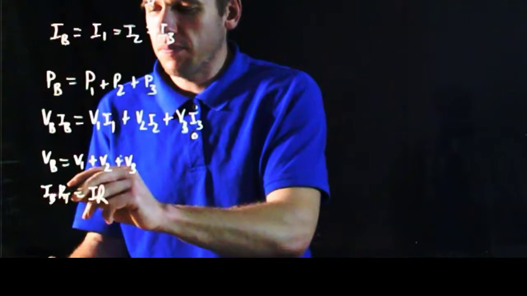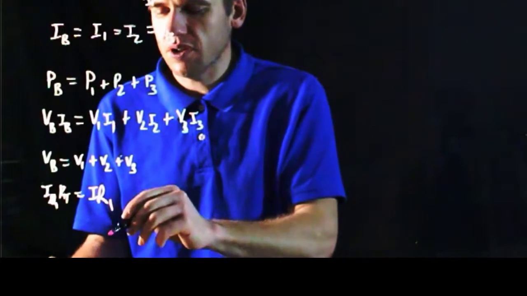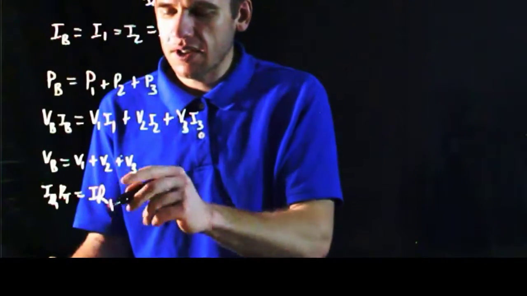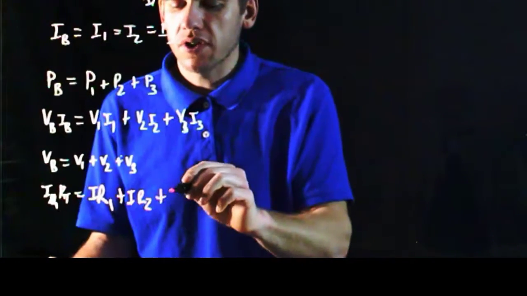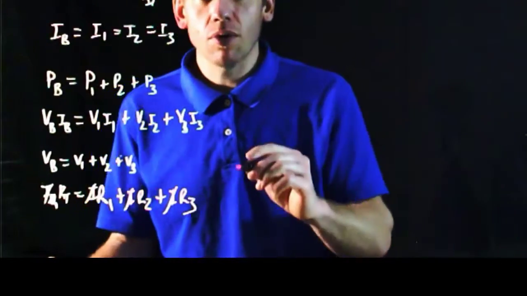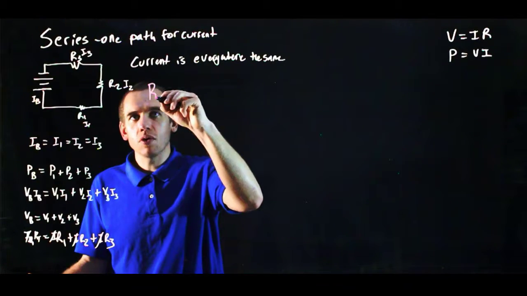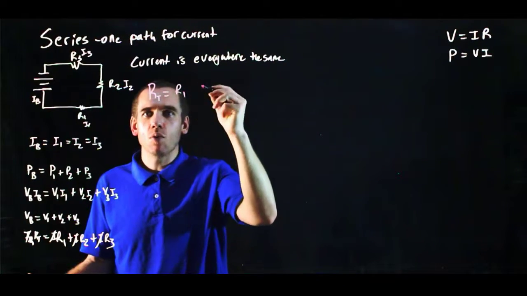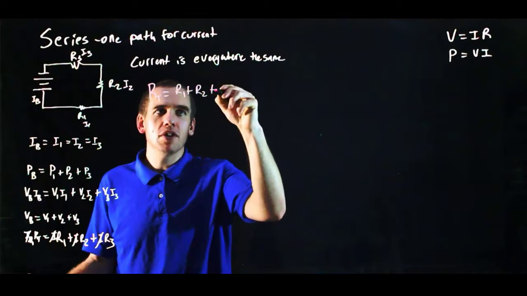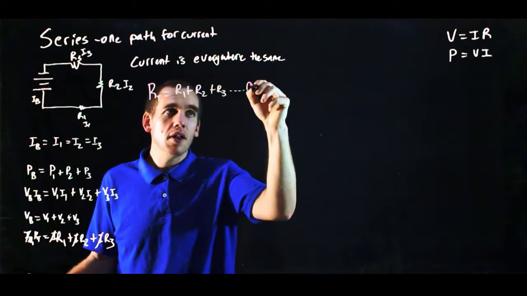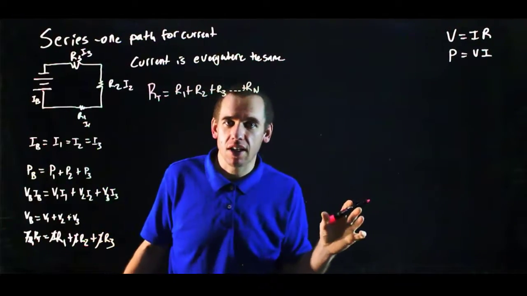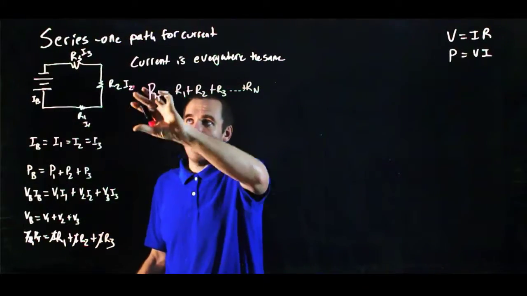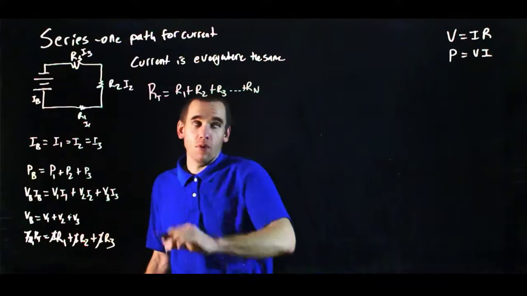And since all the I's are the same, we'll just use I. So current times total resistance equals current times resistance of R1 plus current times resistance of R2 plus current times resistance of R3, and we see that I is going to cancel out, and what we get is that the total resistance is equal to the resistance of R1 plus the resistance of R2 plus the resistance of R3, and if there were more, this would be plus the resistance of Rn. So we just add up the resistors in a series circuit in order to get the total resistance of the circuit.